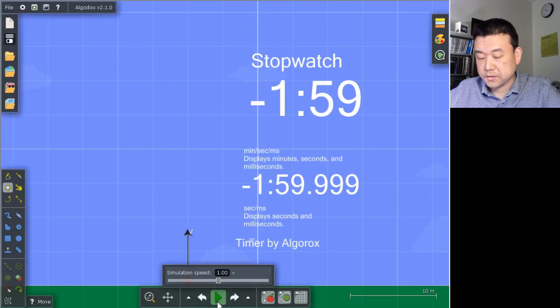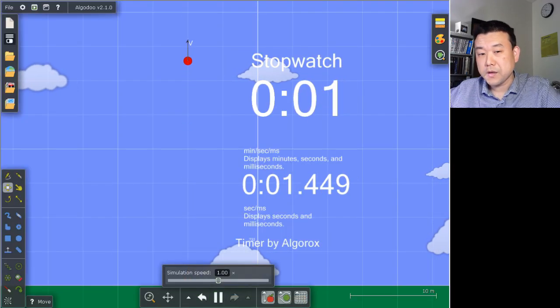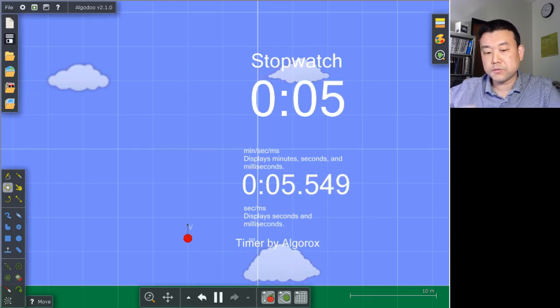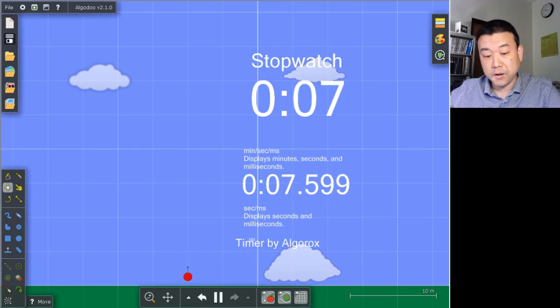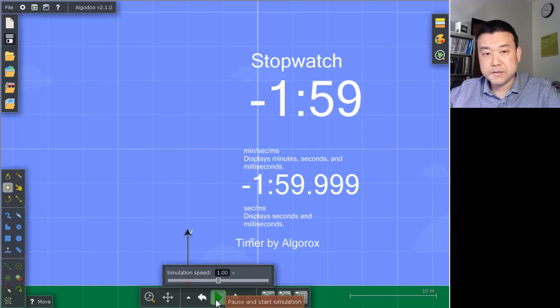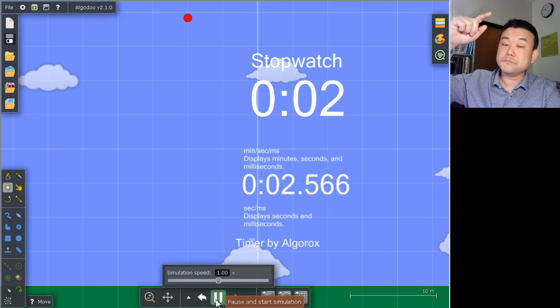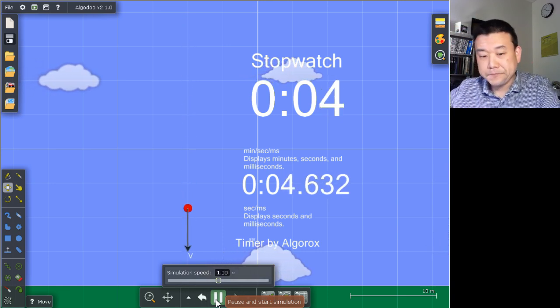When you look at this motion of the ball, there's a symmetry to it. How long it takes to go up, how long it takes to come down. It seems like it's a mirrored version of each other. How long it takes to go up, how long it takes to go down.